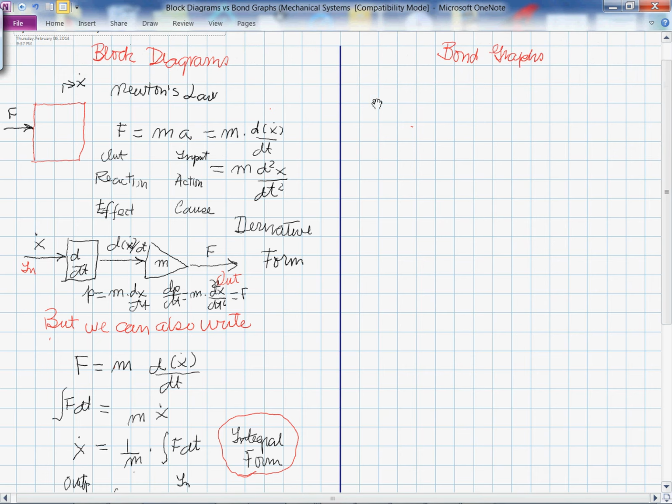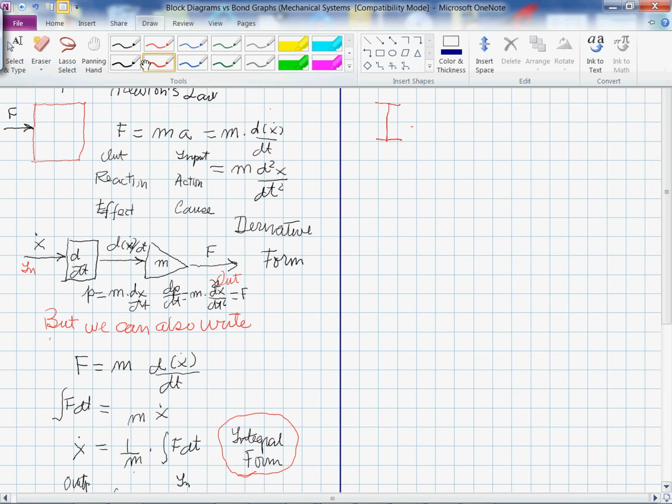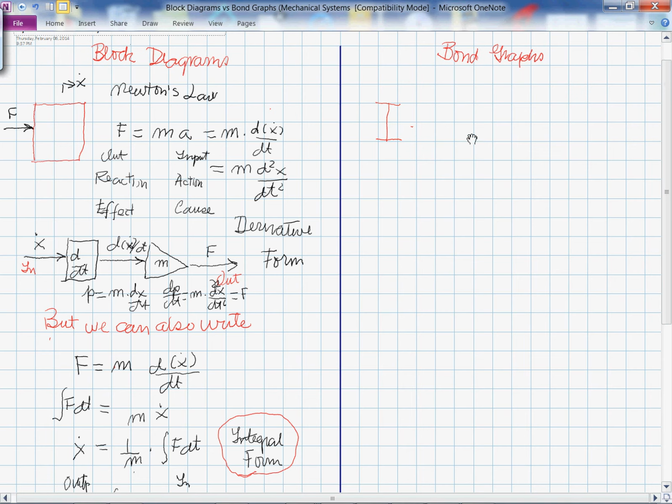We represent it with a little symbol that is composed of two parts. In this case there is a line and a crossbar like that.